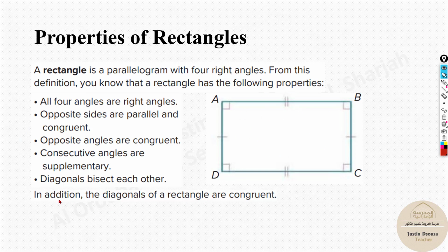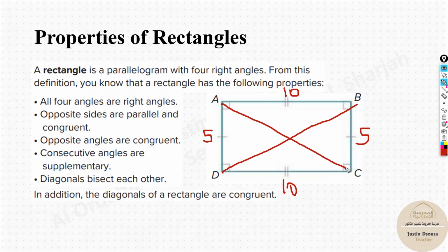Now, here there is one extra thing: the diagonals of a rectangle are congruent. Imagine we have 5 here and 10 here, and then over here it's 5 again and 10. Now, DB is a diagonal and AC is a diagonal. How do you find any diagonal? Let's go with AC first.